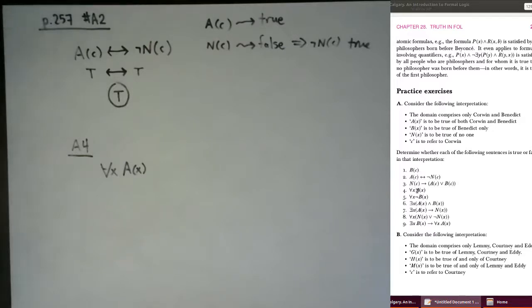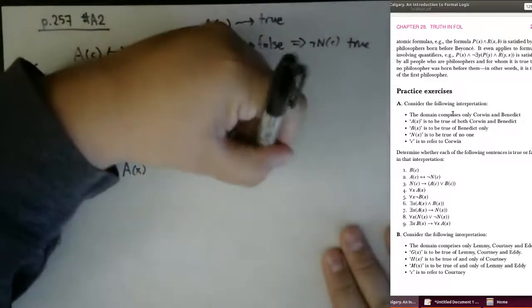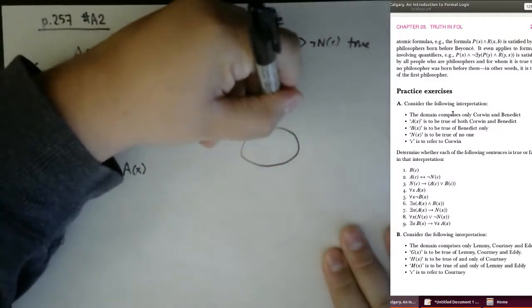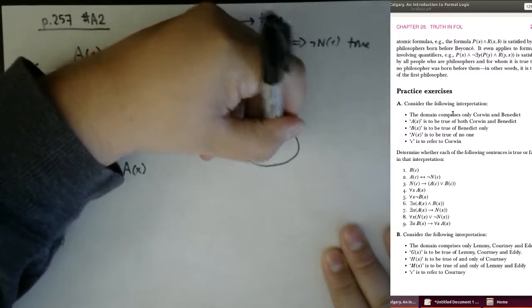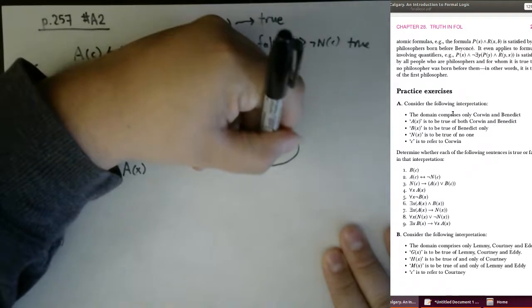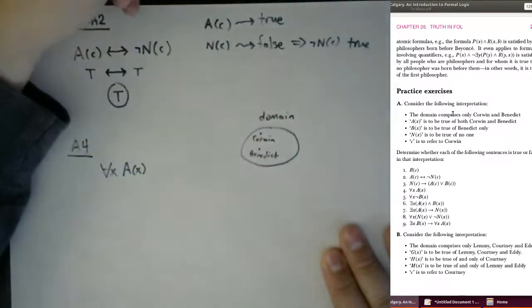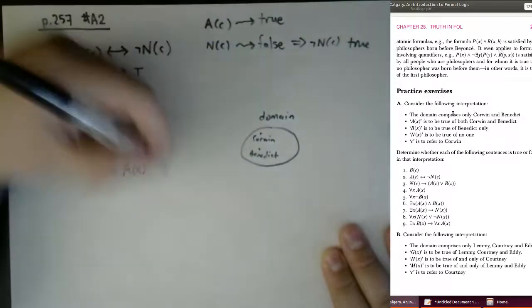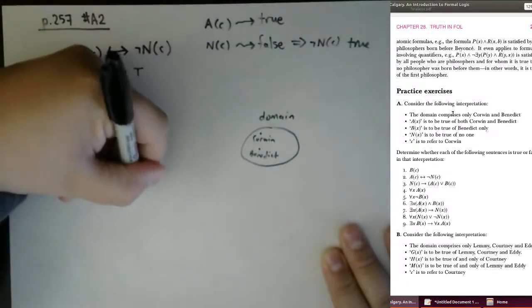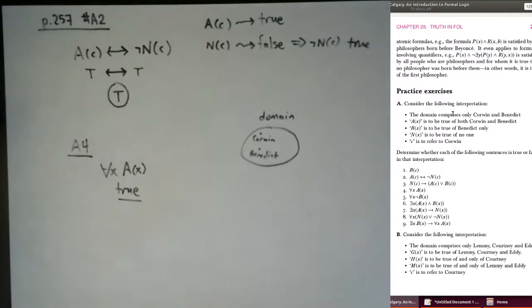And it is, because A of x is true of both Corwin and Benedict, and our domain is only Corwin and Benedict. Here's my domain, with Corwin and Benedict, and for any x in there, A x is true. So this is true.